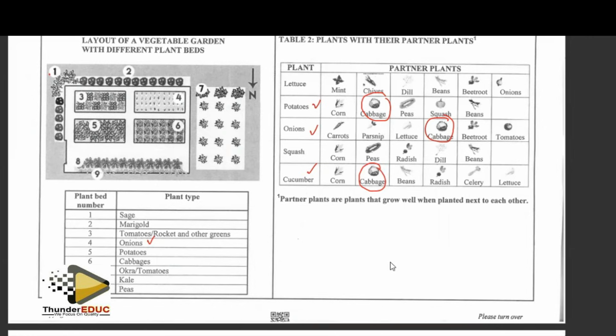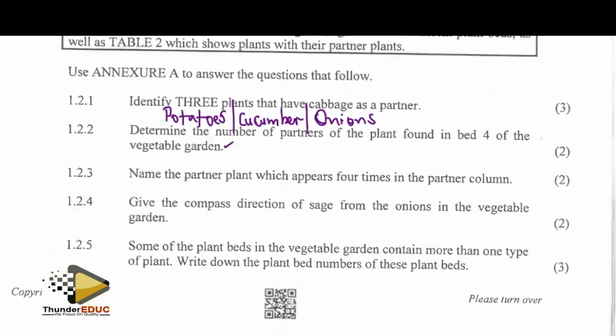If these are the onions, we have 1, 2, 3, 4, 5, and 6. So the answer there is supposed to be 6. We are determining the number of partner plants. So we said 6 partners of the plant.